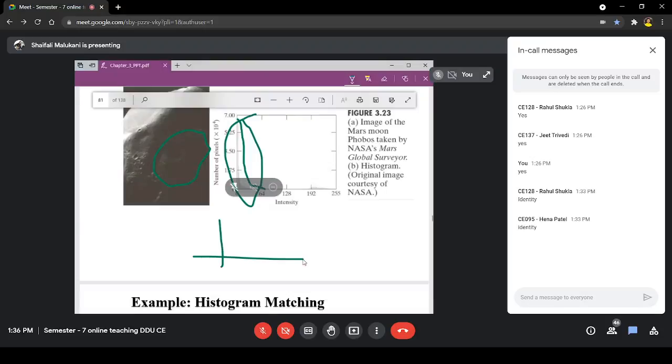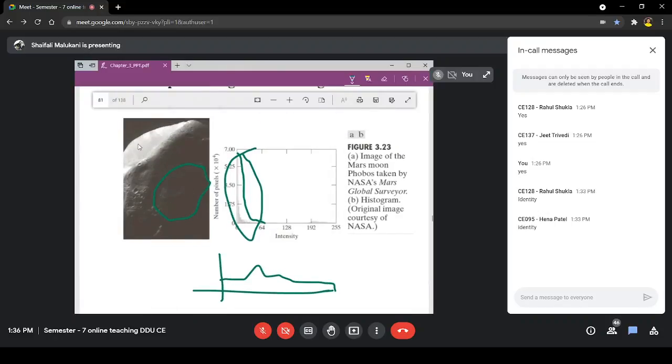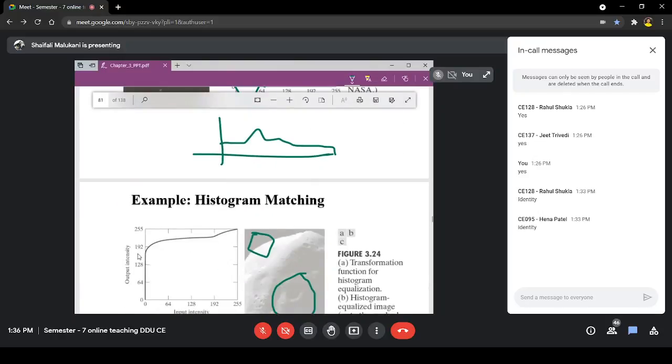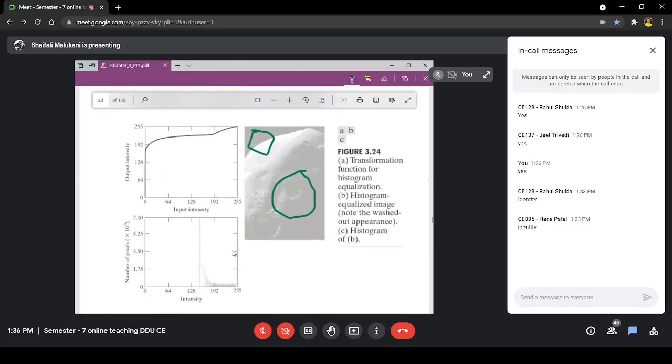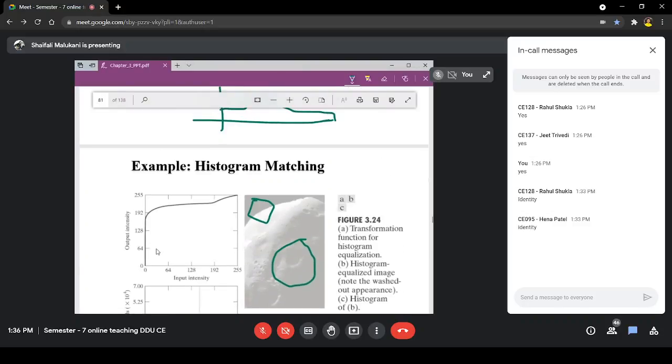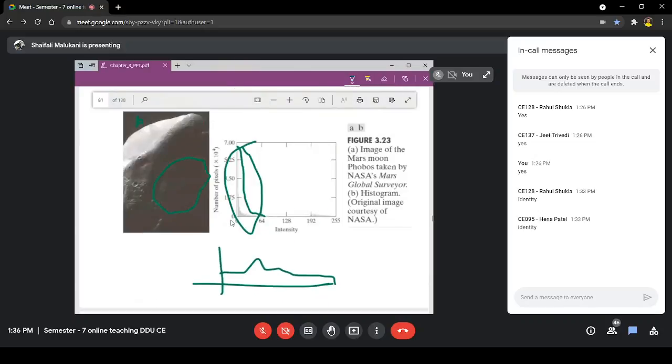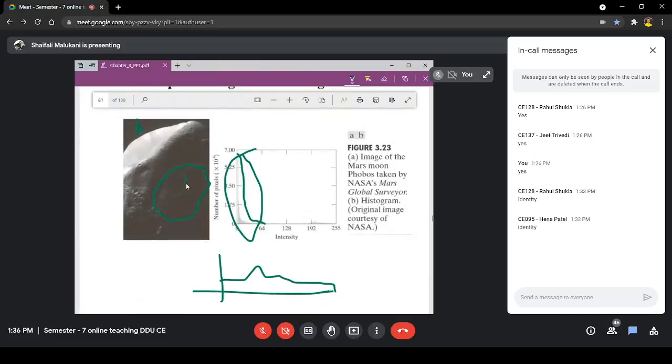What histogram equalization did is that all the intensities became almost equal. So the dark intensities became bright, and that is how this gray color appeared. The entire histogram shape became equal kind of thing. So this became bright, this became bright, but this also became bright. I did not want that.